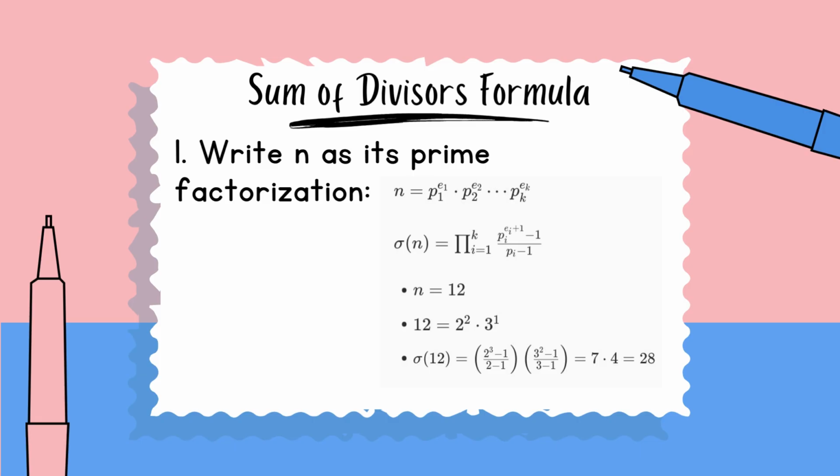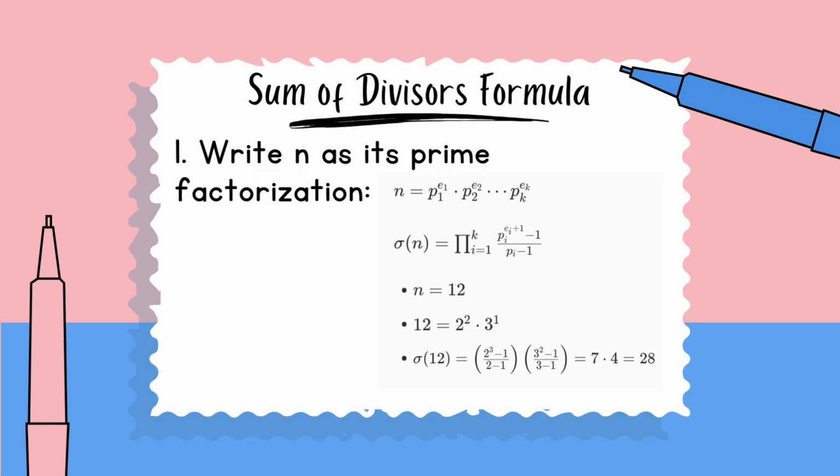Step 2, apply the formula. Sigma of 12 equals the quantity of 2 to the power of 2 plus 1, minus 1, all over 2 minus 1, times the quantity of 3 to the power of 1 plus 1, minus 1, over 3 minus 1. Then step 3, let's simplify.